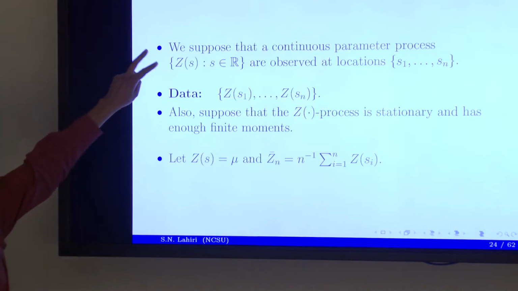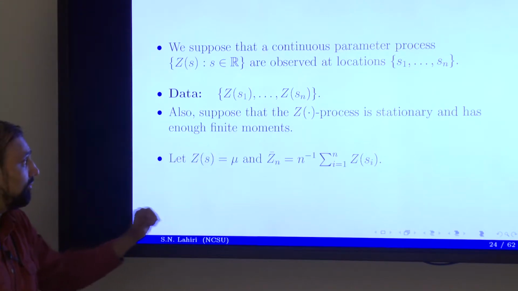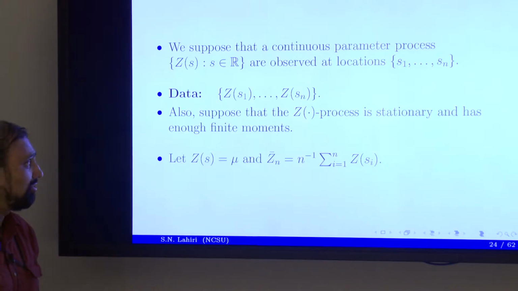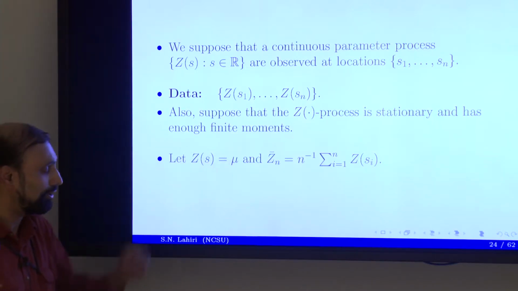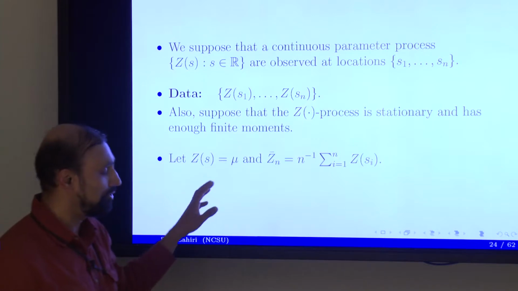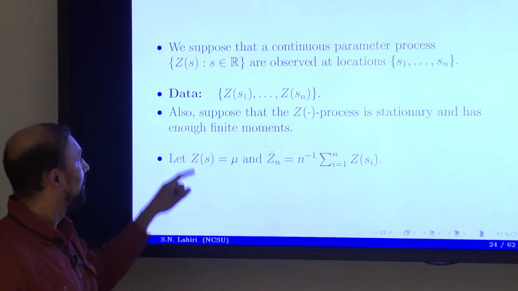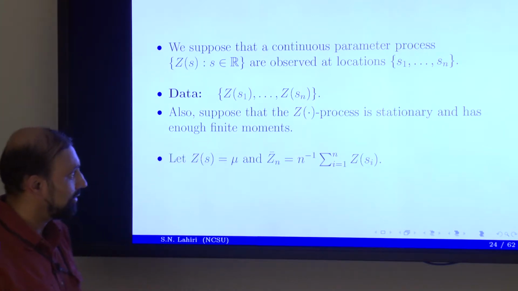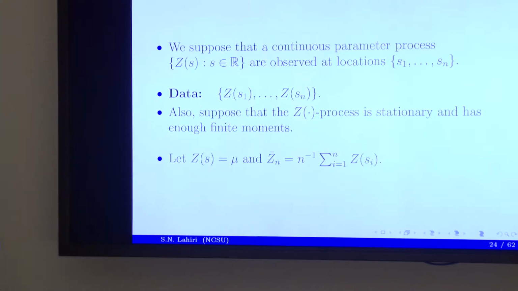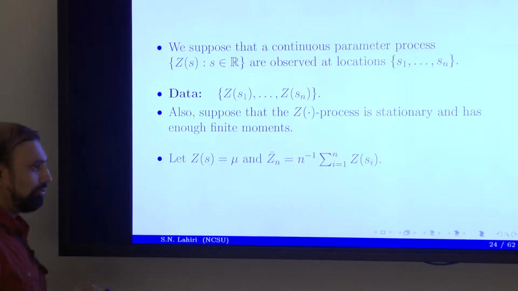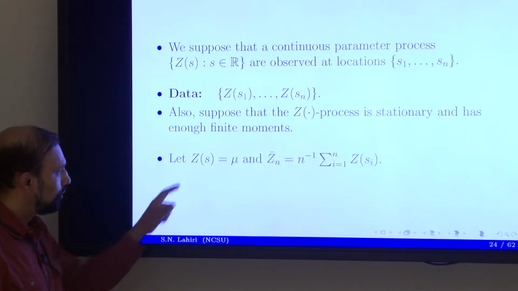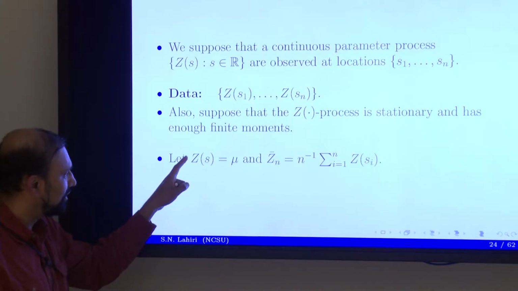The underlying process Z is second order stationary, zero mean, or it doesn't have to be zero mean. You can allow at this stage non-zero mean, but eventually it will be zero mean. And we would also suppose that it has enough moments, so we don't have to worry about using moment bounds. And also weak dependence. When things are far apart, they are kind of independent.